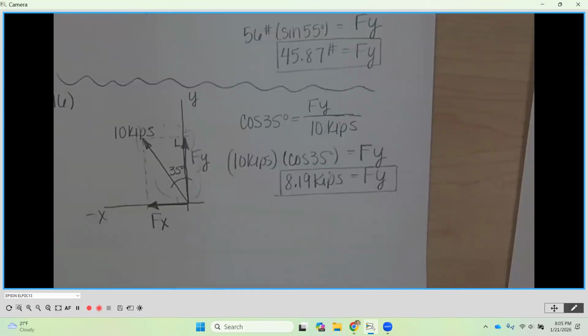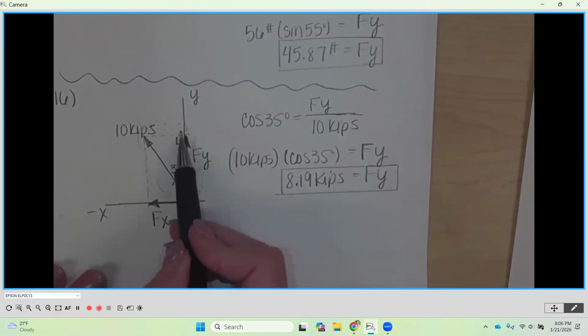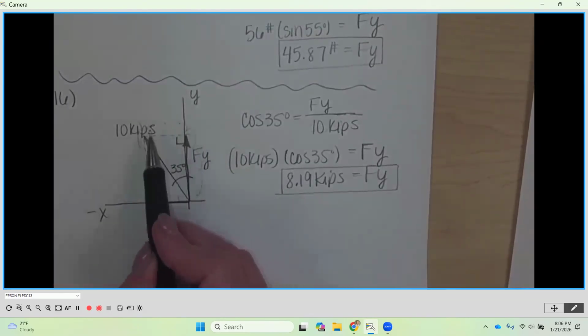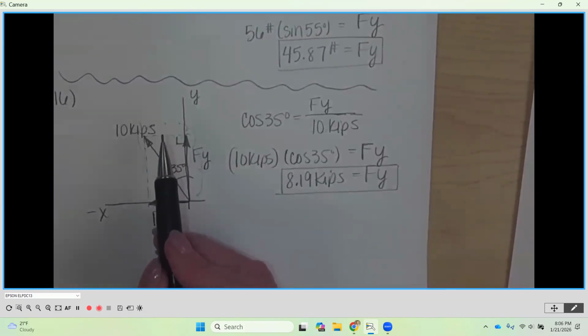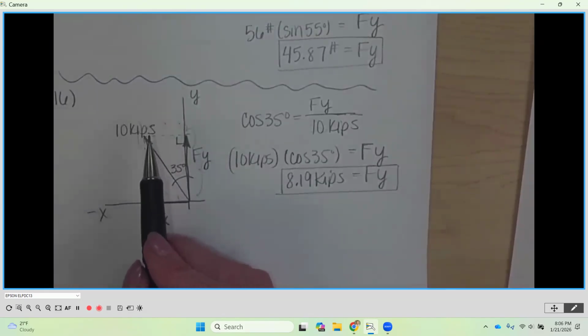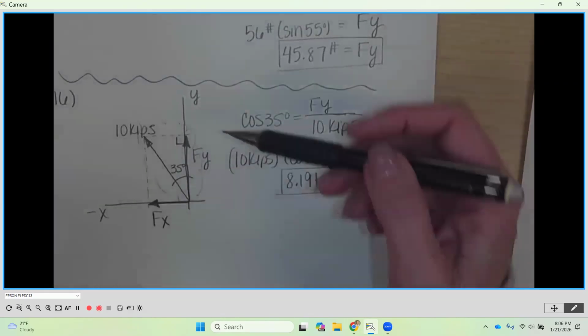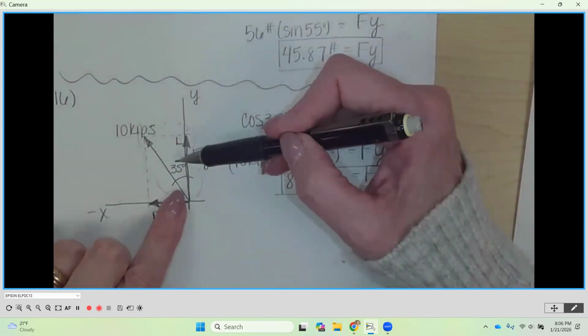All right. Then we're going to do the X component. Now remember, the X component is equivalent to this side out here, but it's not located there. So do not show a floating X component here. It has to be on the X axis, all right? But as we look here, if it's an equivalent side, we have our 35 degrees here.